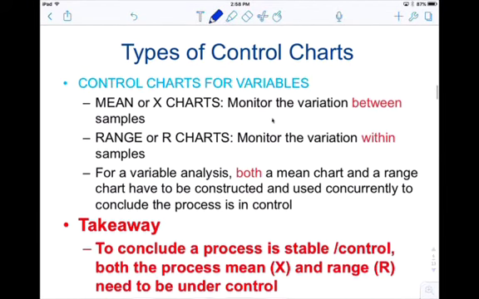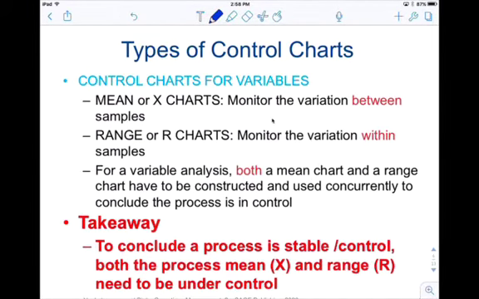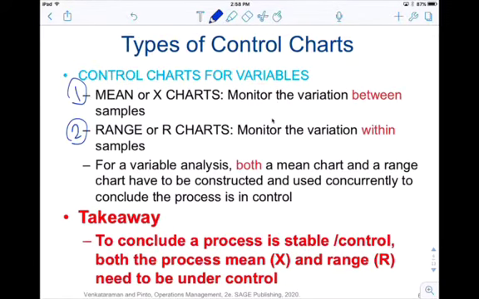All right, what are the types of control charts? So there are multiple types, but for variables, we are going to be using two main charts, the mean chart and the range chart, okay? So if you would like to make sure that your variables are under statistical control, you would like to draw this mean chart and range chart, and you want to make sure that those are both under statistical process control.